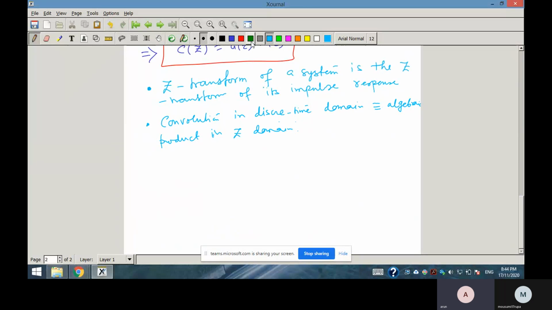Now you can easily extend this result. For example, if you take this kind of configuration, if there are multiple blocks, suppose this is your G1(t), and then suppose this is your G2(t), this is your C(t), this is your U(t), this is your U star(t).